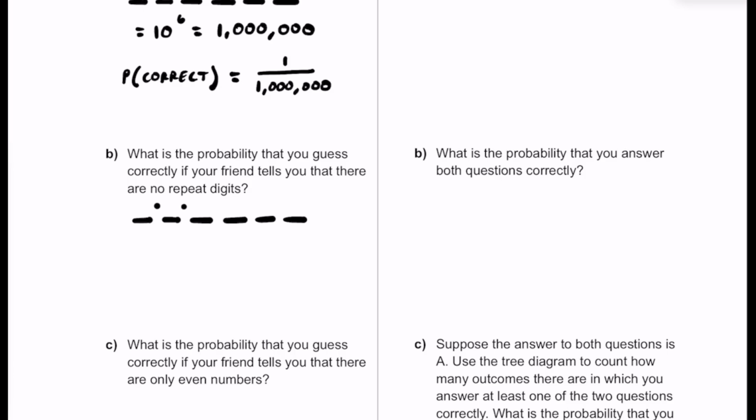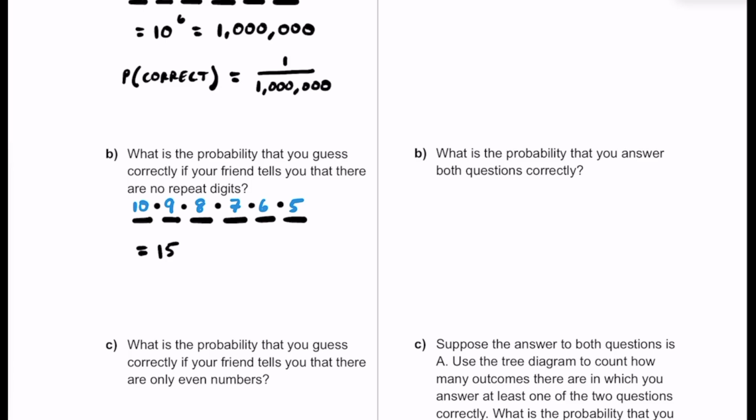Same kind of format here. What if you're told there are no repeat digits? Well, when you're choosing the first number, you really have 10 choices, but after you choose a number, you can't choose it again. So there are only 9 choices, then 8 choices, 7 choices, 6 choices, then 5 choices. If there's no repeat, then you have fewer and fewer choices as you go. If you multiply this out, you might need a calculator to speed up the process.